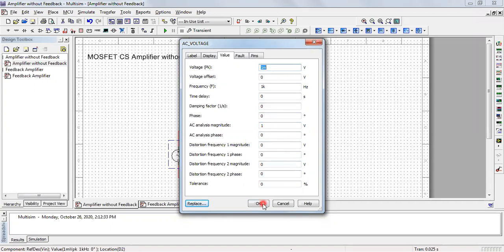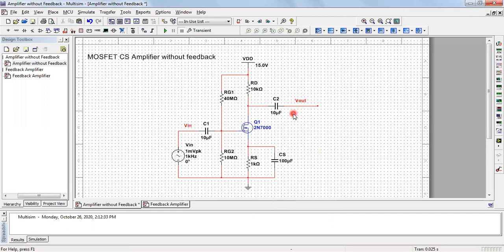Now, just by simulation we can find out how much output voltage amplitude we are getting. By running a transient analysis, we can plot V in and V out, and we can observe the amplification of the input signal.